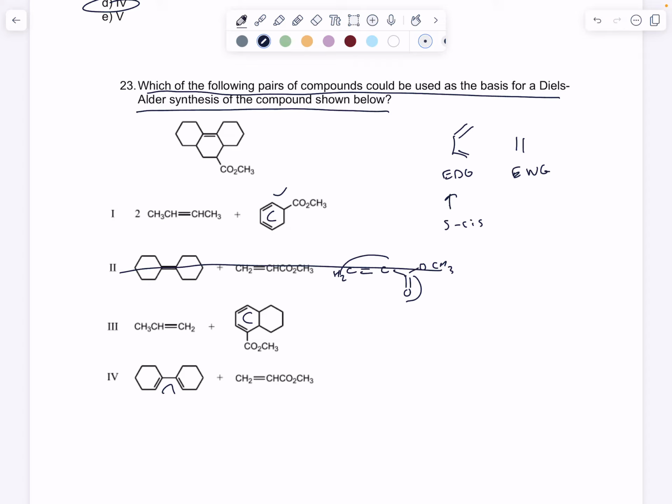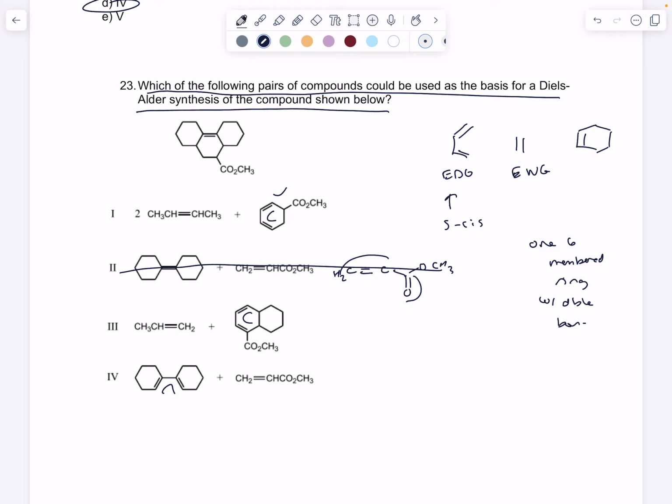Okay, that really changes things for me because that makes me think we're making one 6-membered ring. I mean, these other things are still true, but we're making one 6-membered ring. And remember, Diels-Alder makes a 6-membered ring with a double bond on it. So we're making one 6-membered ring with a double bond.